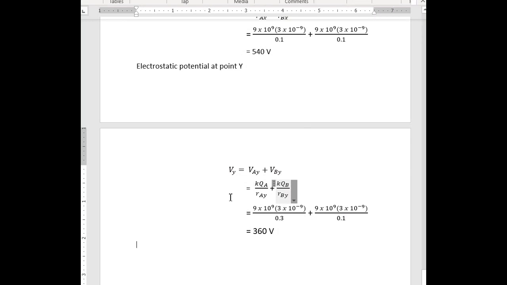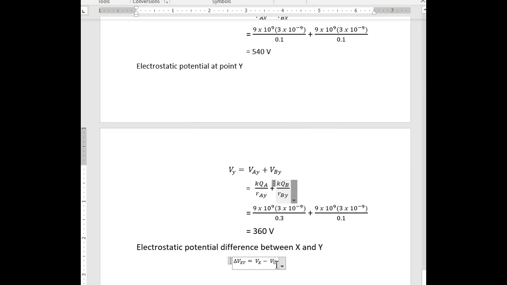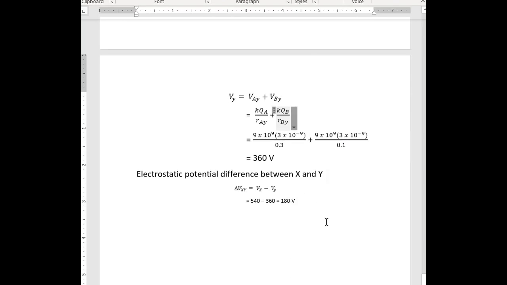Electrostatic potential difference between X and Y, we have delta V is equal to Vx minus Vy, which is 540 minus 360 equal 180 volt. That's for question 1.